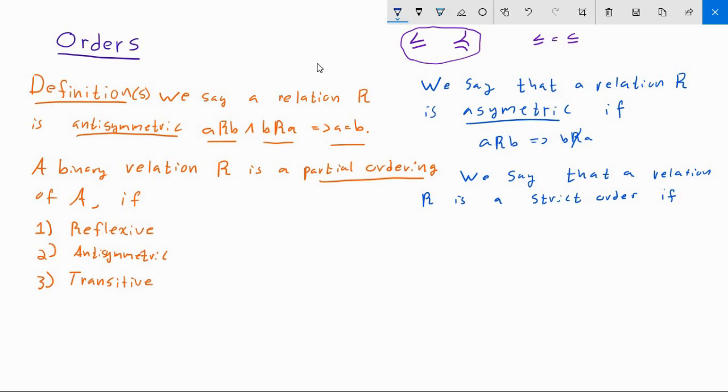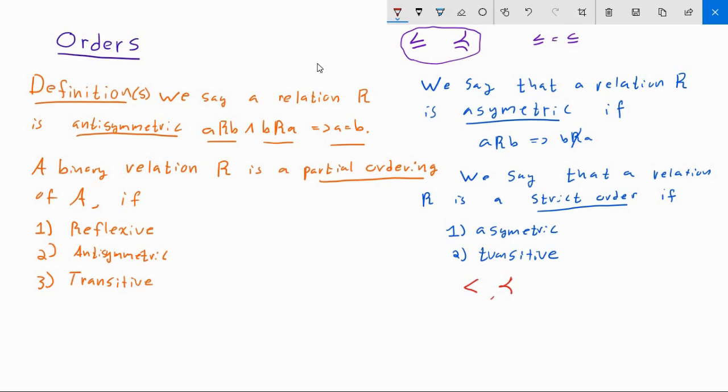And there's a corresponding notion of order that goes along with this. We say that a relation R is a strict order if it's the case that the order is asymmetric. So notice in this case we're skipping the reflexive property, but we still are going to preserve the transitive property. For example, here we will use the notation of just the strictly less than sign, or its curvy cousin here.